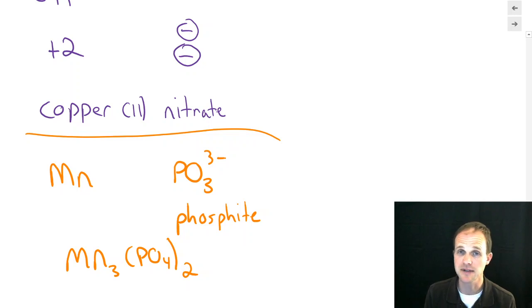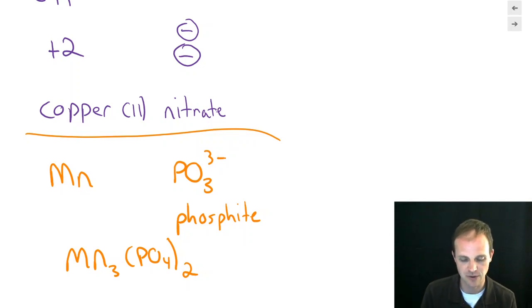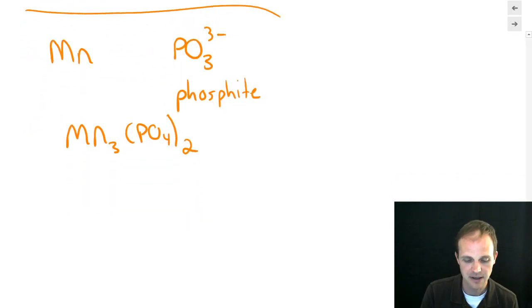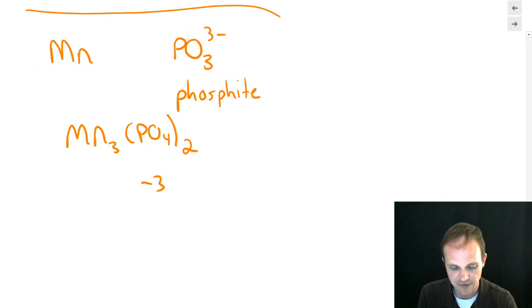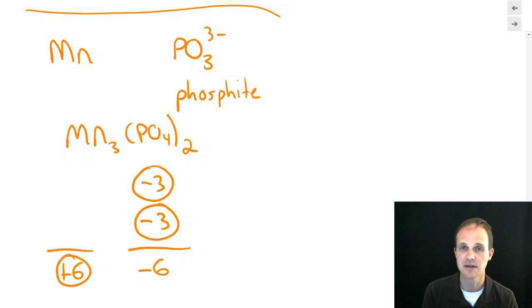That's a much more complicated formula. And what I want to figure out is, what am I going to name Mn3(PO3)2? Well, like I said, we now know phosphite is a -3. We've got 2 of them for a total of -6, which means that in order for everything to balance out, whatever we have for our manganese better darn well add up to +6.